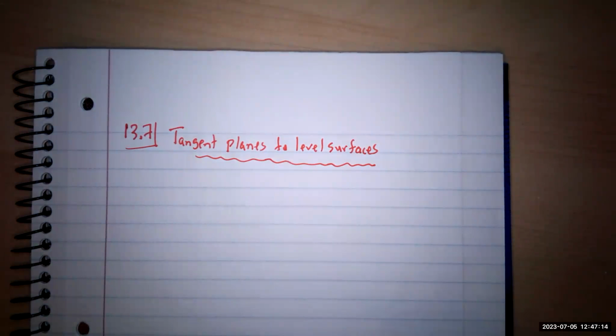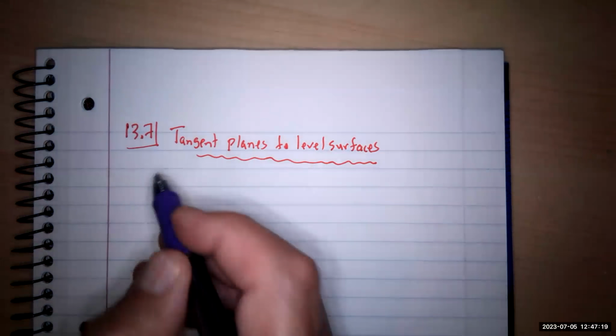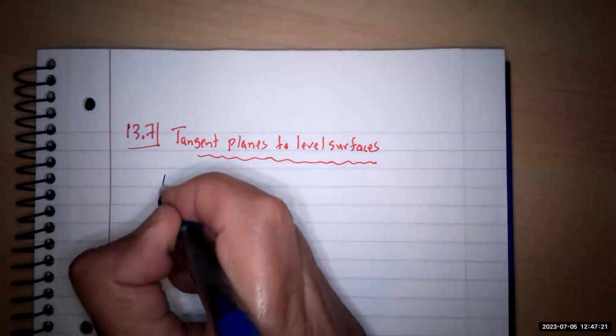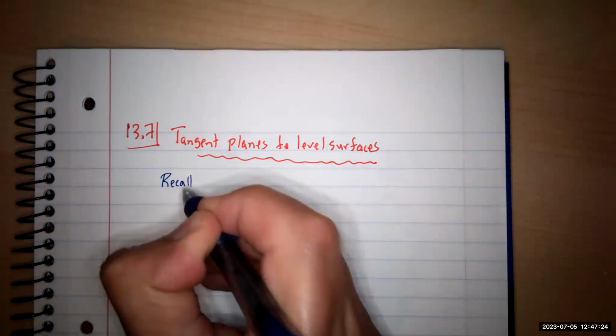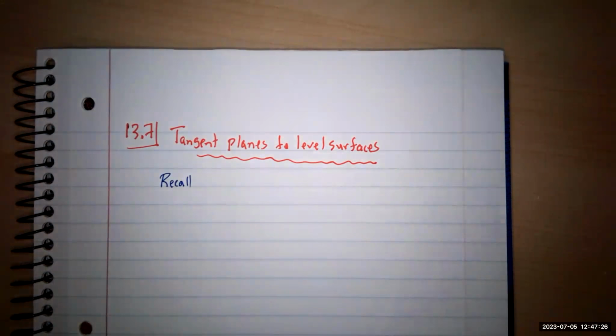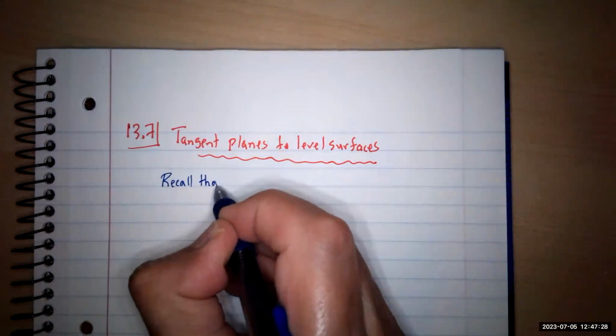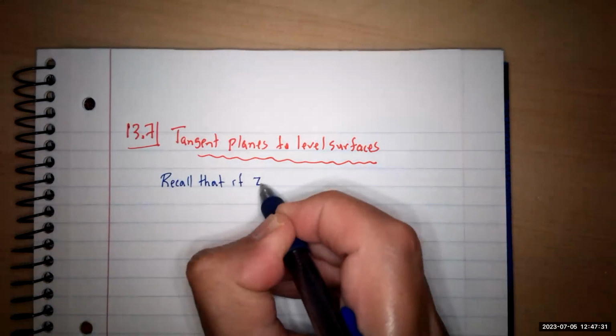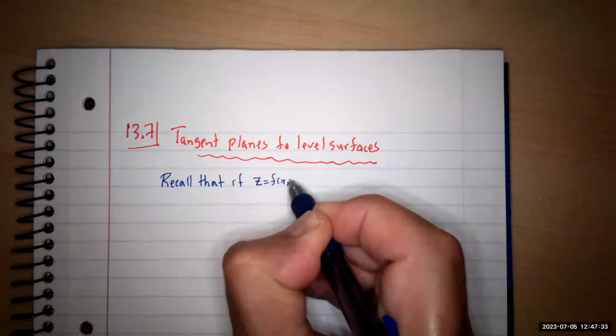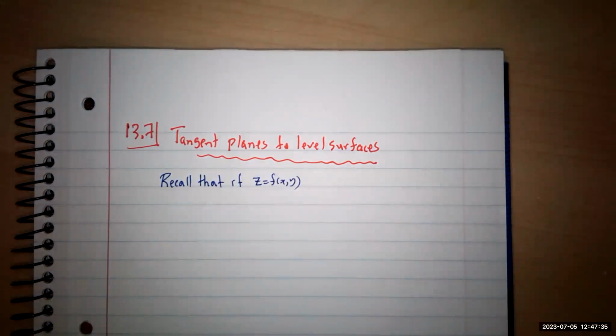You already know the tangent line approximation is just a tangent plane. So let's recall what you know so far. You see, all we do is just extend. Recall that if you have a function of 2 variables, L of x, y, you can use the tangent line approximation, or linear approximation.